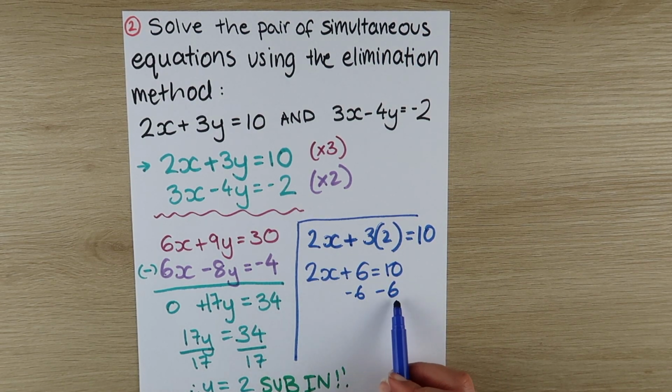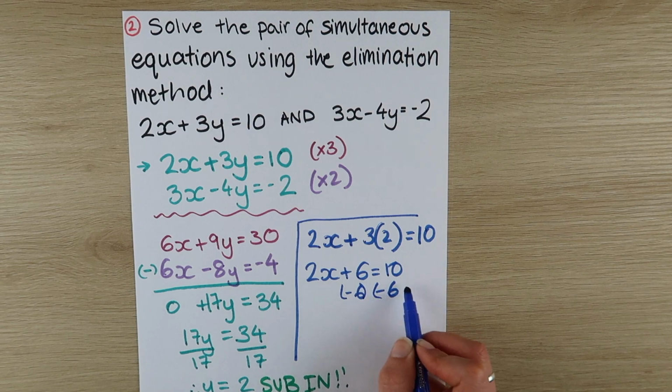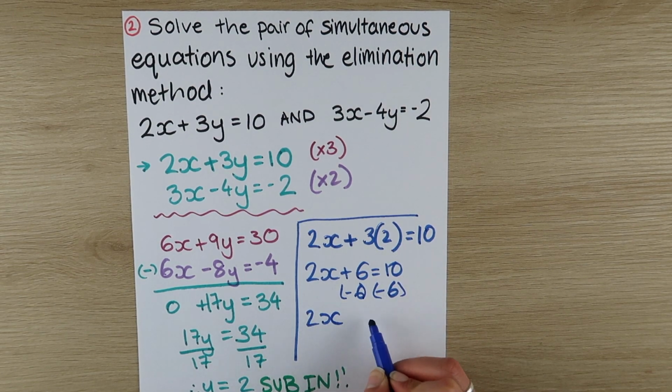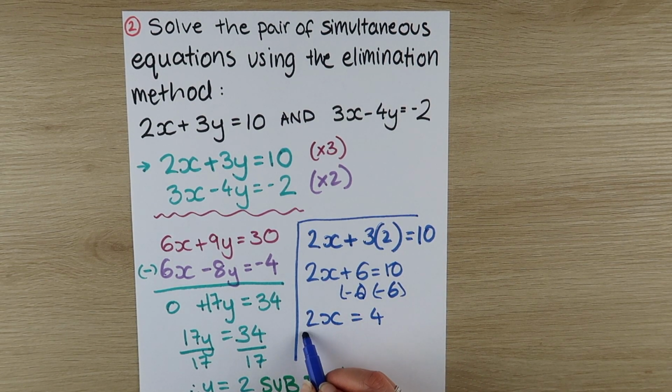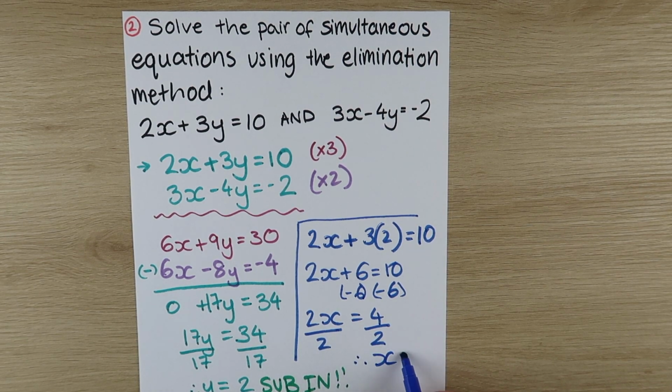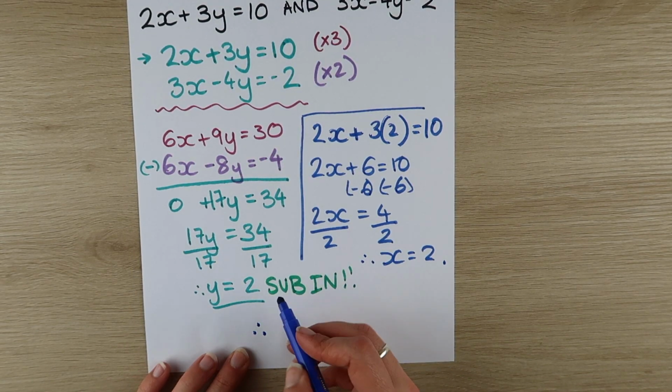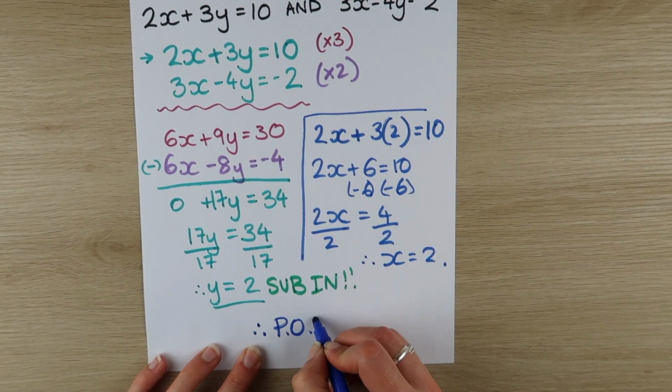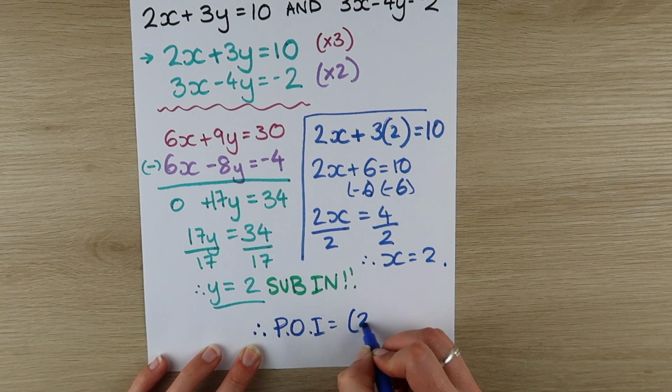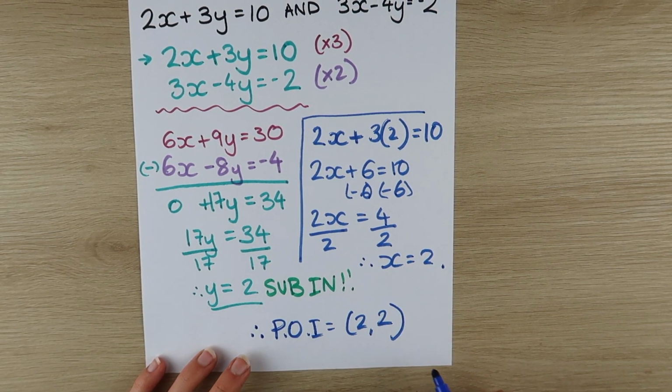And now I rearrange in order to get x by itself. Final step is to divide by 2, and therefore x is equal to 2. So this tells me that therefore the point of intersection is equal to 2, 2.